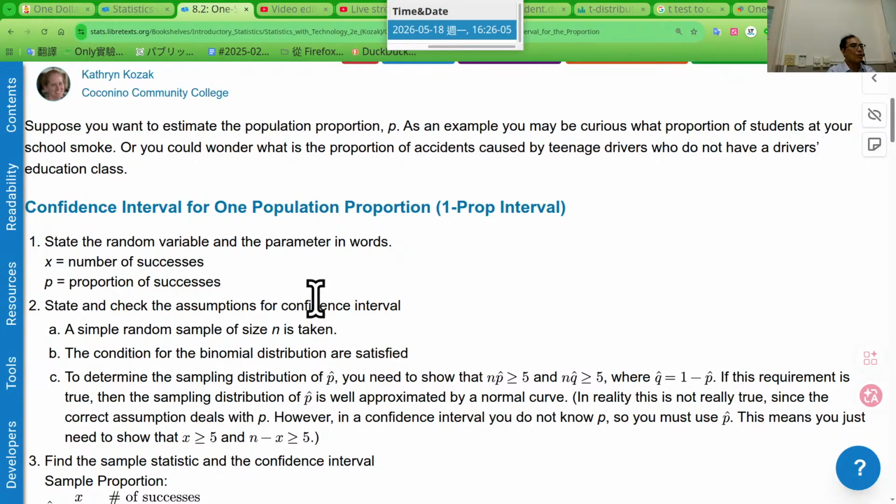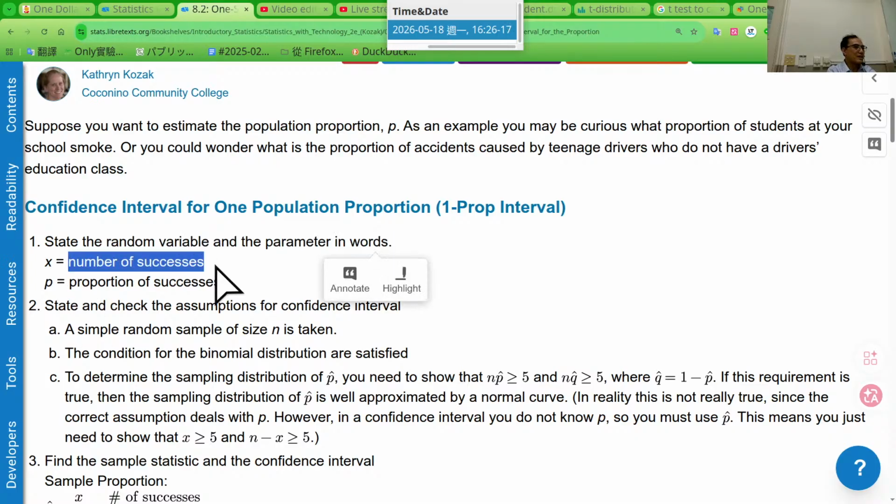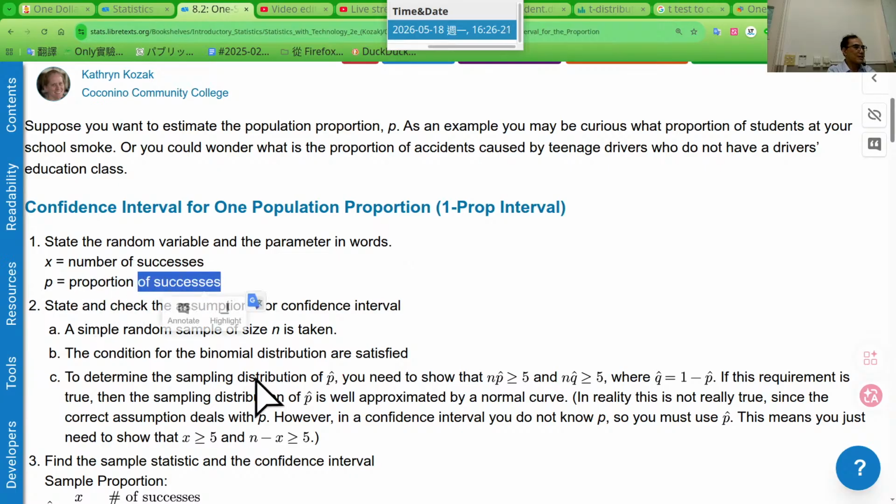Confidence interval for one population proportion. One proportion interval. State the random variable in words: x is the number of successes, and p is the proportion of successes.